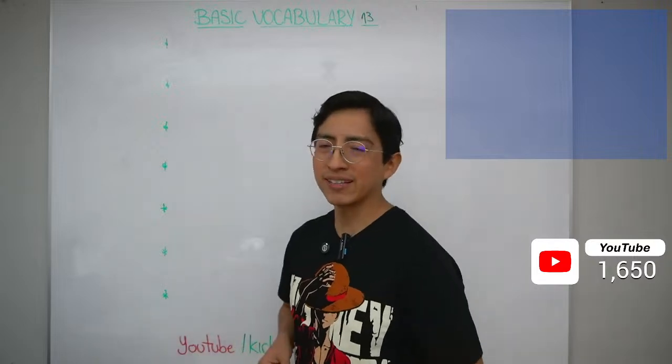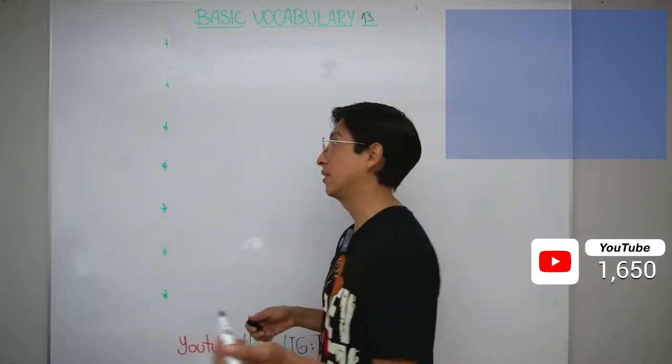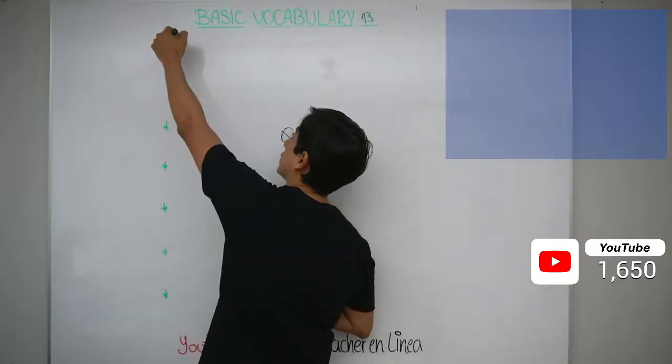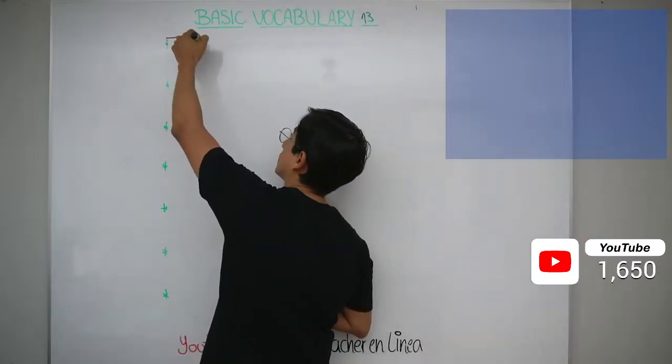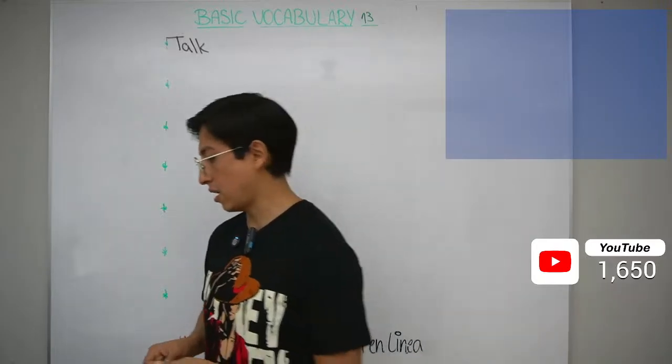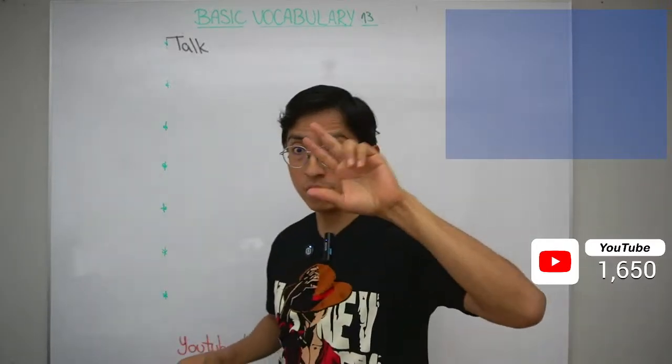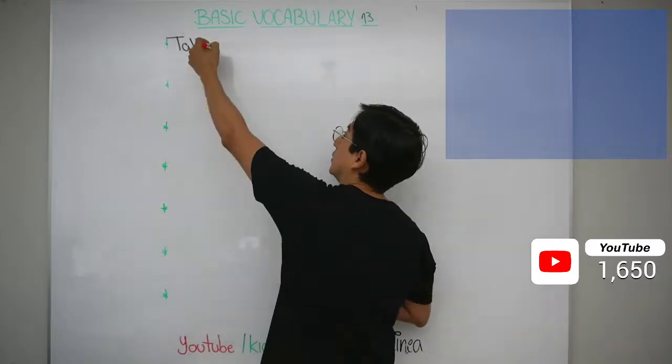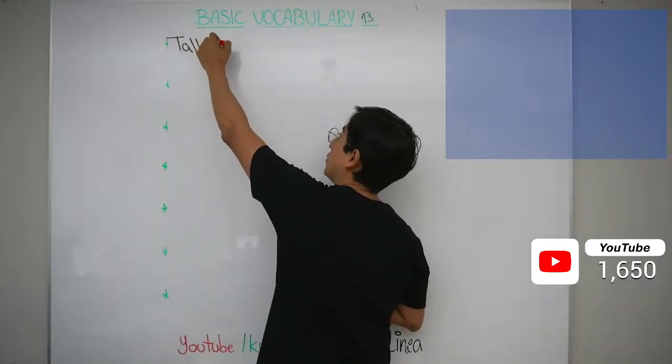Very good, guys. Let's start with the first word. In this case, the first word is talk. Okay, guys, what does talk mean? It has 2 meanings. Talk means to communicate.